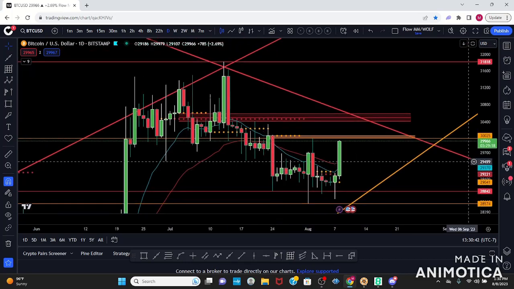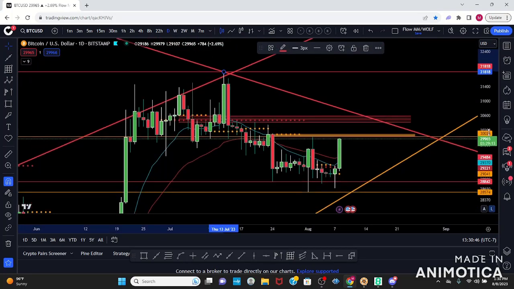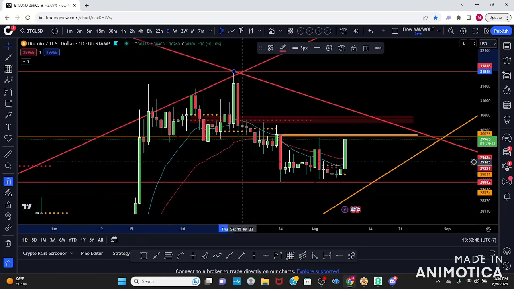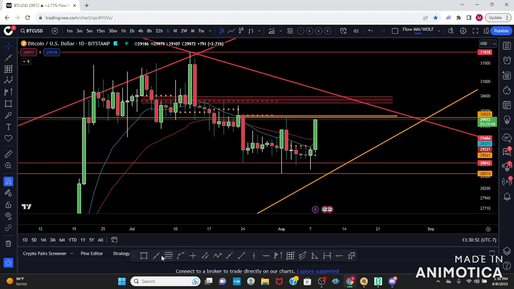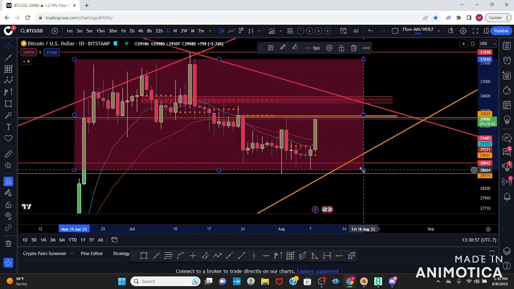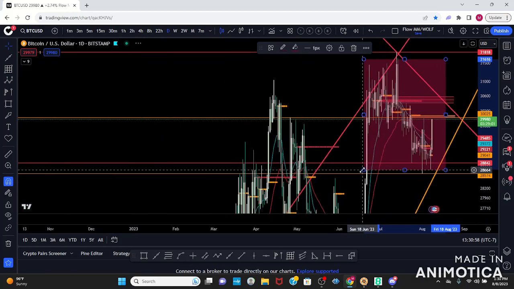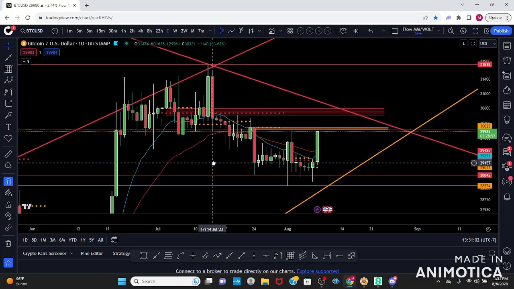Okay, so now that we're here, let me just make sure everything looks nice and tight. I want you to just visualize this. In what pattern do you see within this contraction phase, right? Because we want to try to find a pattern within every contraction phase.